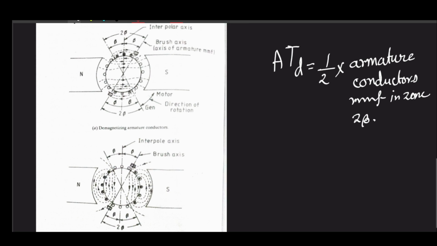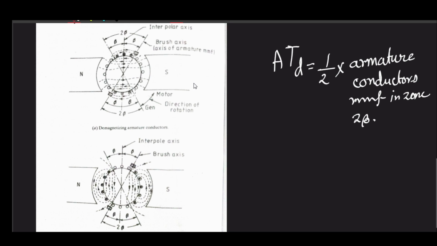See, once you shift your coil, then within this span, this 2 beta, that half of the coil is actually producing a field that is exactly in opposition to your main field, right?